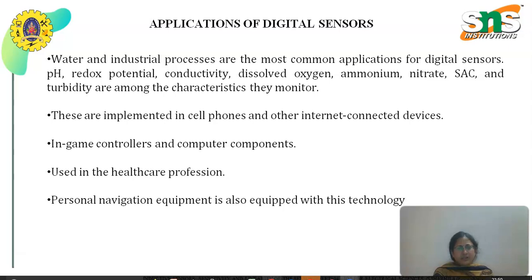These are implemented in cell phones and other internet connected devices. Many digital sensors are also used in game controllers and computer components, in the healthcare profession, and personal navigation equipment is also equipped with this technology.